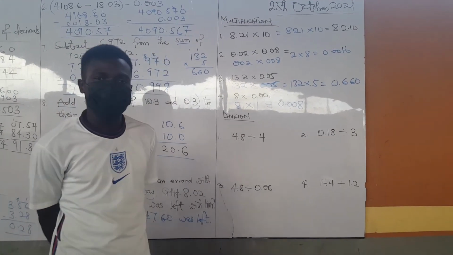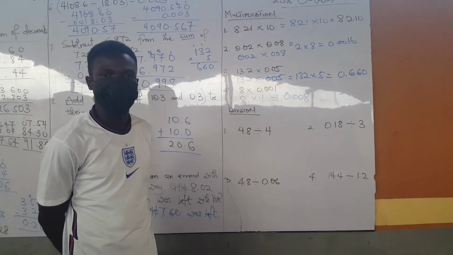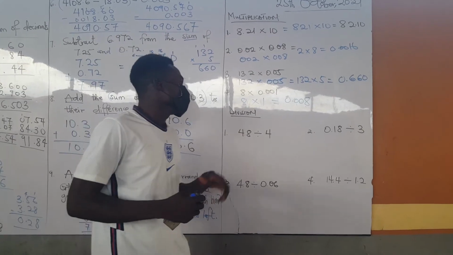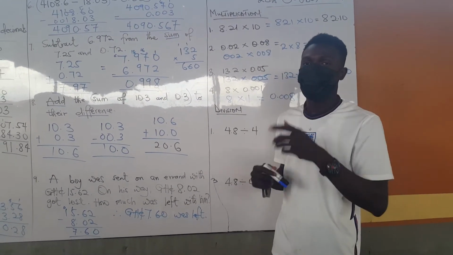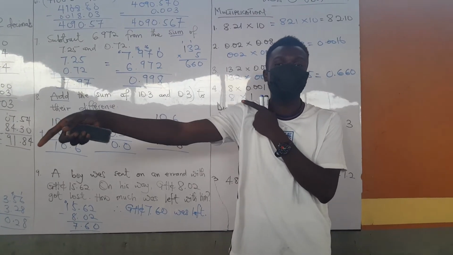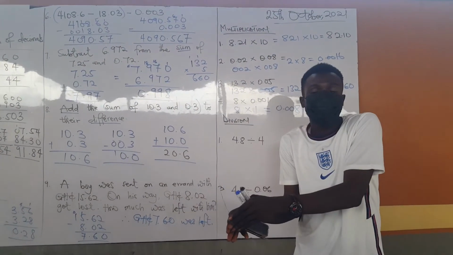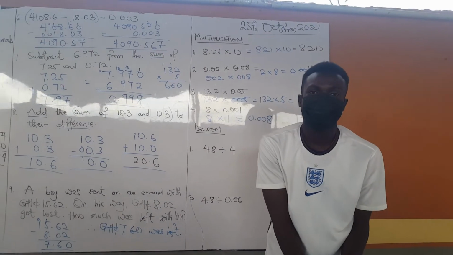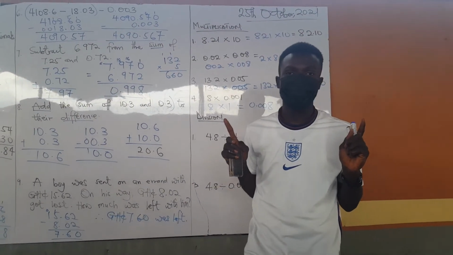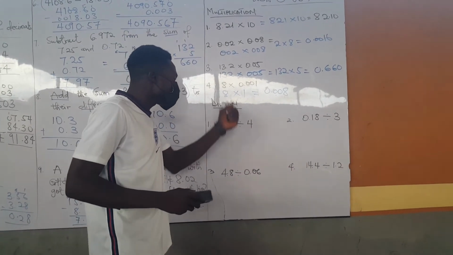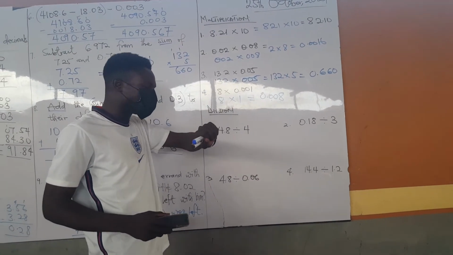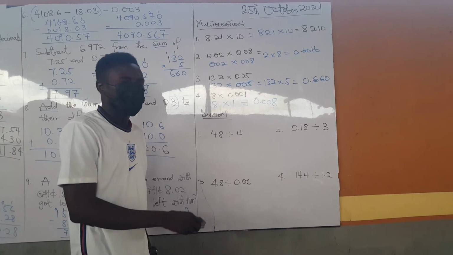And let's look at the twin brother of multiplication, which is division. Now with division, we are going to use what we did the other time. That is how to change decimals into common fractions. That is what we are going to use. So if you look at this one, we have 4.8 divided by 4.